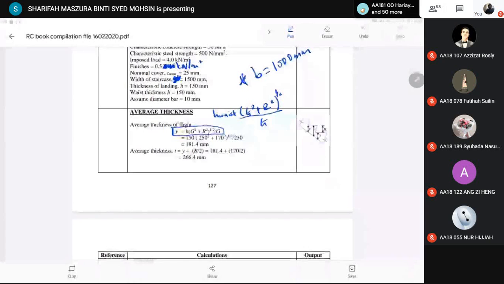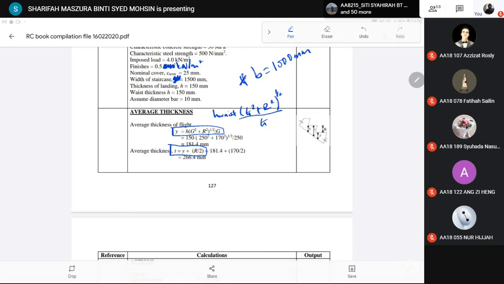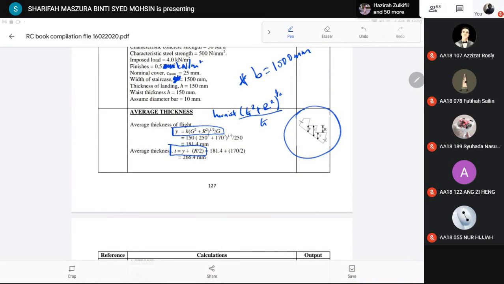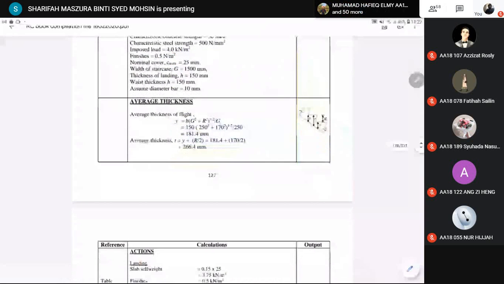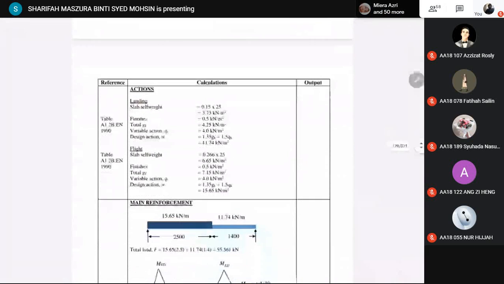Average thickness is equal to Y plus R divided by 2. So these two equations you have to memorize. It's basically based on these stairs. So we get 266.4 mm. So 266.4 is used to calculate the self weight of the staircase.